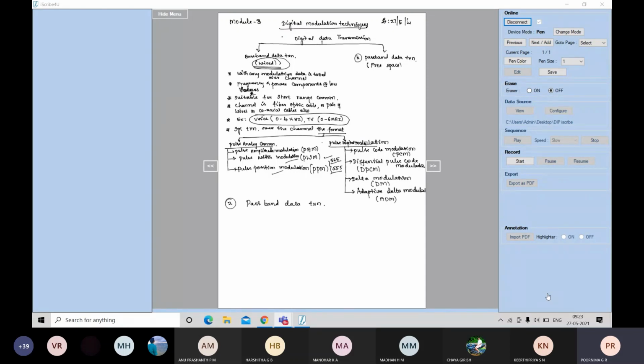So now here we are going to transmit these signals with modulation or without modulation. My first question. The data transmissions. Yeah, please speak out.